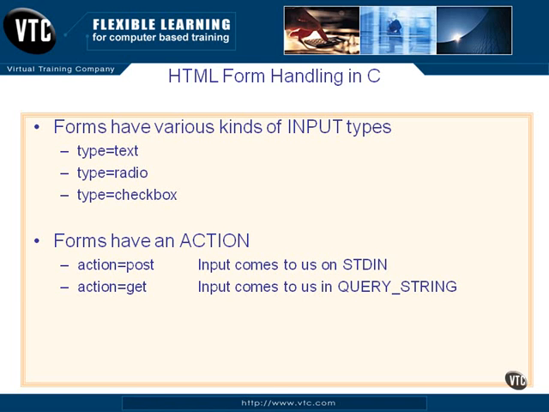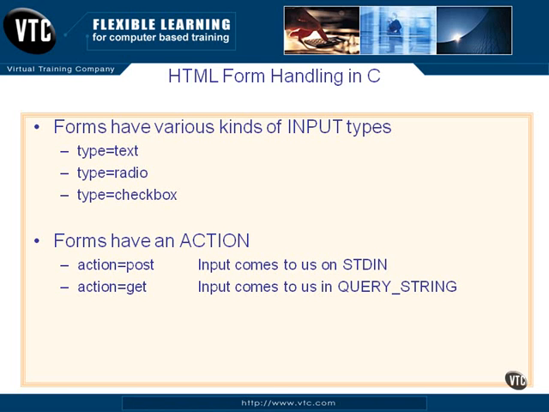The action equals post means that the input data that is in the form, all the variables and the information that our client types in, will come to us on the standard in. Now, we're used to programming using the standard in. We've used scanf and printf to go to the standard out, and getchar and things like that to read the standard in. That's pretty common, and we've done a little bit of that. What we want to take a look at, though, is the query string.